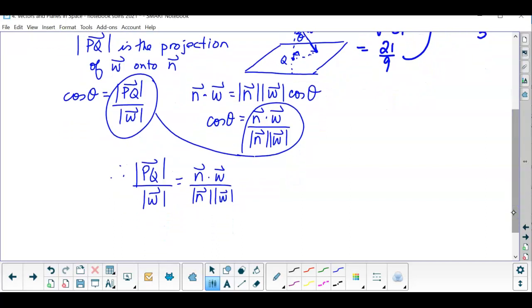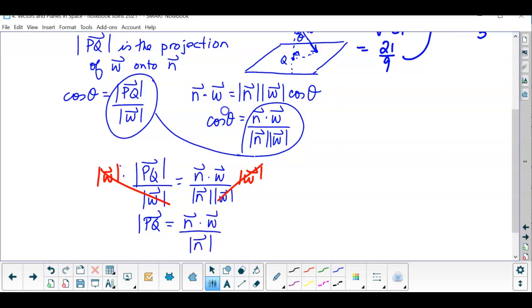And so really, when you look at this and solve for PQ, multiply through by the magnitude of W, divide out. Okay. So we know the normal, and we can find W.